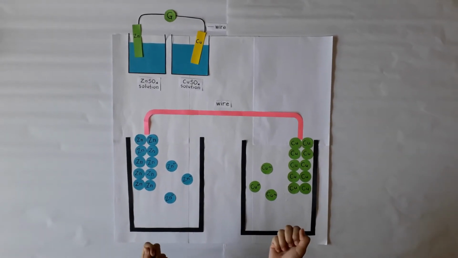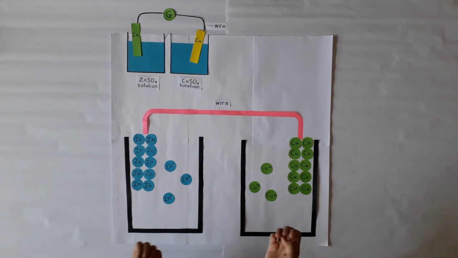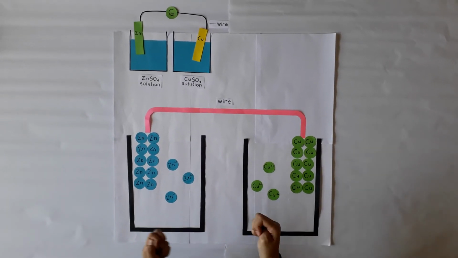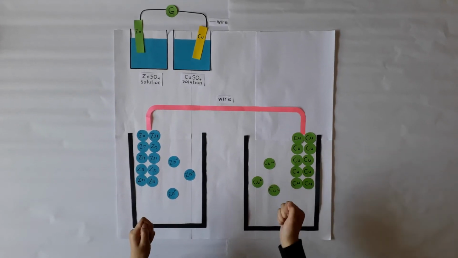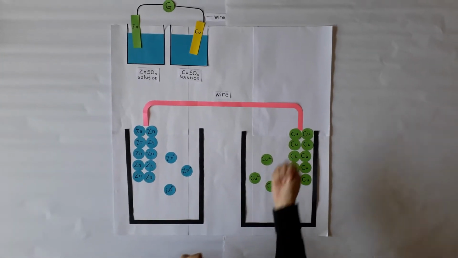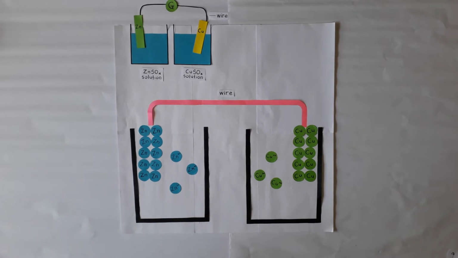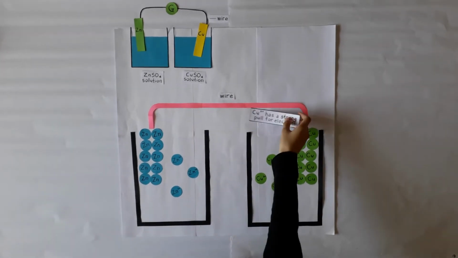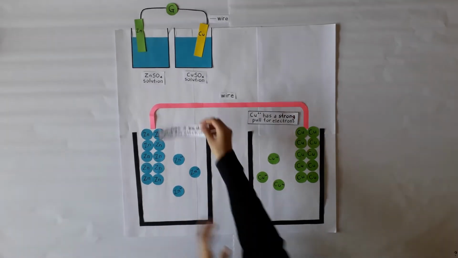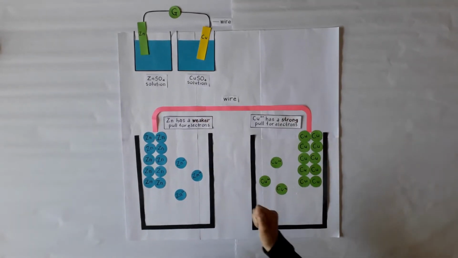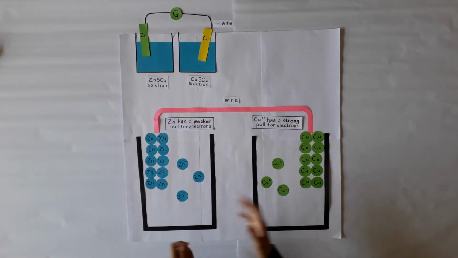One of them wins and one of them loses. It turns out that Cu2+ has a really strong pull for the electrons, but on the other hand, zinc has a weaker pull for electrons. So in this tug of war, Cu2+ ends up winning.